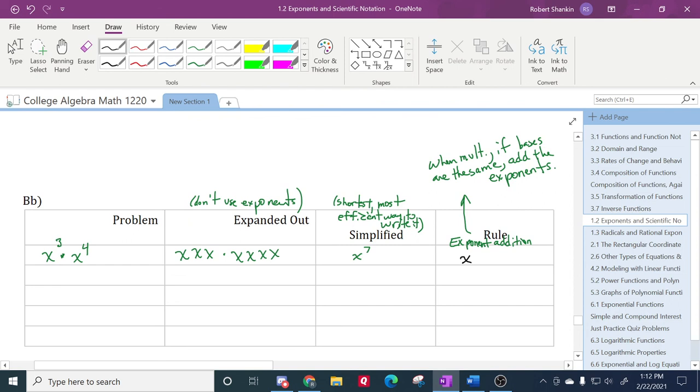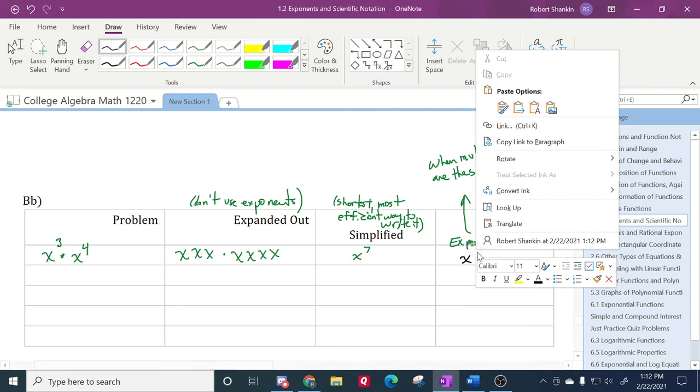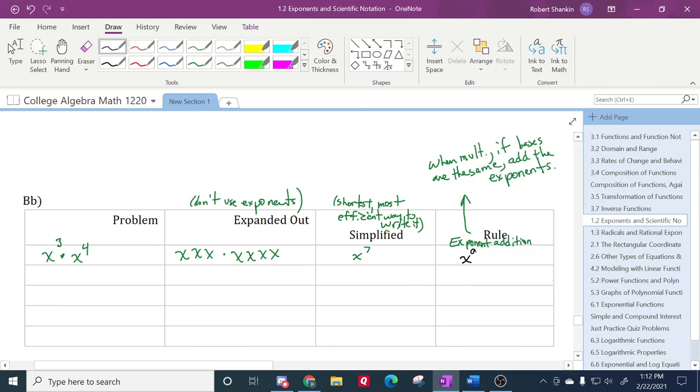Since that can be any number we want, we put another letter there: x to the a. Now, the bottom can't be any letter. Once this letter is determined to be x, this has to be exactly the same as that. So we can't put a y or a z, it has to be an x again. That guarantees that these two bases match.